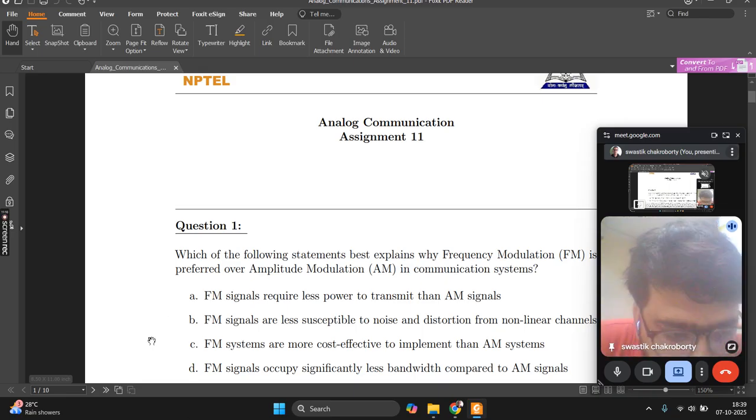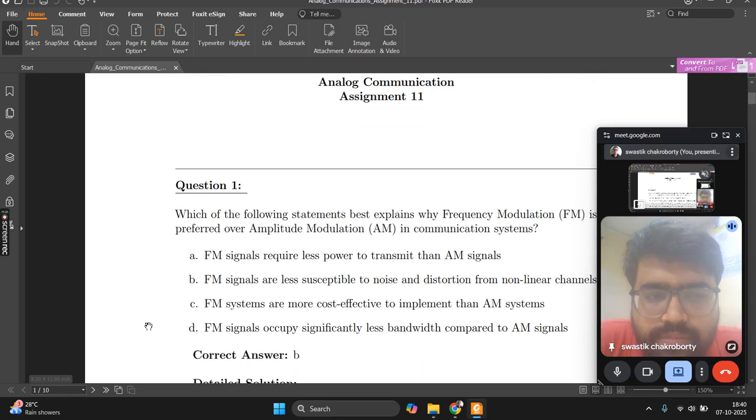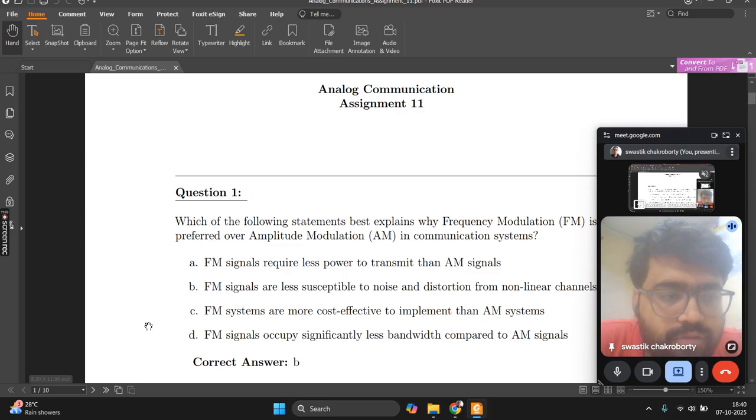Then gradually FM signals replaced AM signals, and one of the key reasons is the robustness of FM signals with respect to noise. With respect to noise, the FM demodulation performance does not degrade as sharply as that of AM signals.